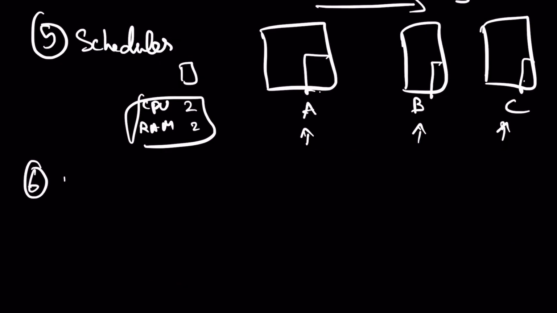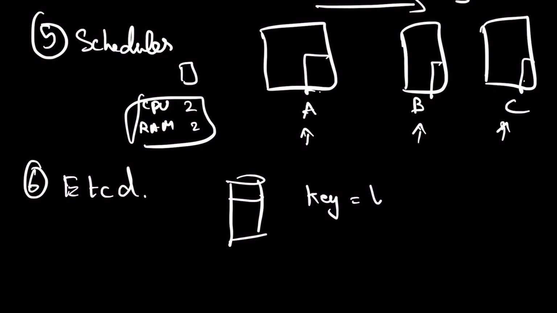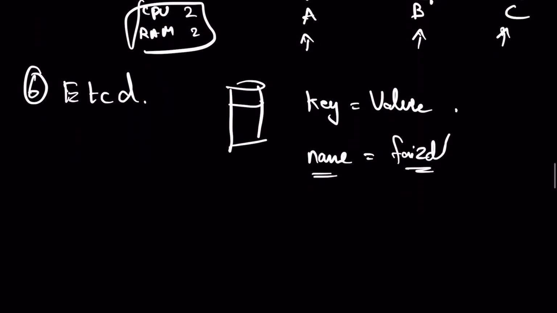And the most important one, etcd. What does etcd do? This is like a database where all the data is stored. It is a key value data store. For example, we can say name equal to Faisal. So this is a key and this is a value. Or we can say image is equal to nginx.